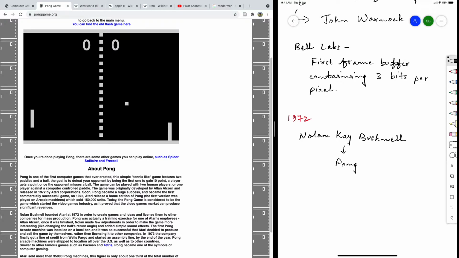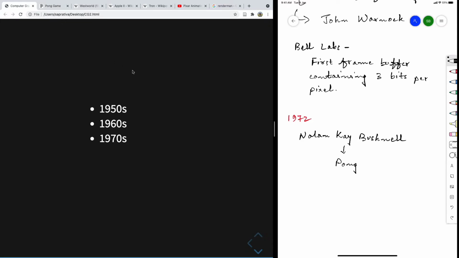In this game Pong, I'm controlling this with my mouse. Right side is me and the left side is the computer. So this was a very simple but interesting and addictive game called Pong. Okay, let me stop this game.